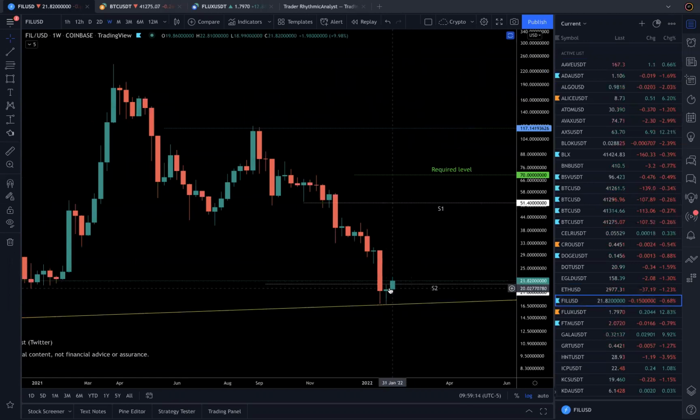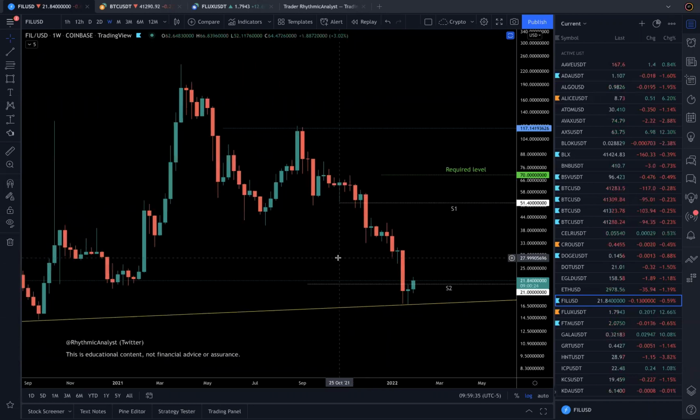FIL is also picking up. Filecoin is interesting. It's good from its use case point of view, and it beat us so badly. I really felt bad about Filecoin. There's nothing personal about Filecoin, and disclaimer wise, I'm not holding Filecoin at this moment, but I may get in, but that's not the point.